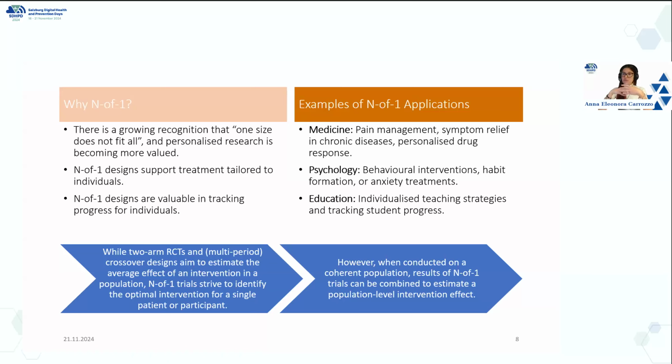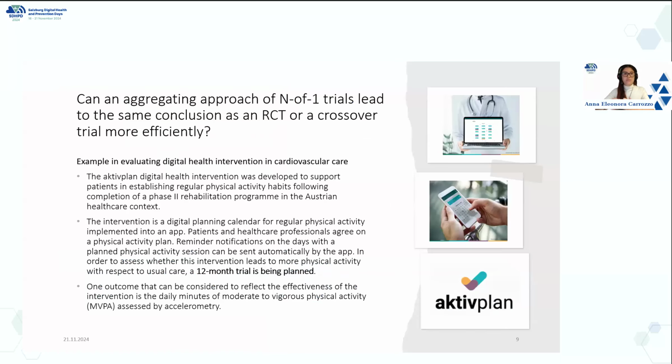Nevertheless, if different N-of-1 trials share the same protocol, results from single N-of-1 studies can be combined in order to estimate a population-level intervention effect. So now the question: can an aggregate approach of N-of-1 trials lead to the same conclusion as an RCT or a crossover trial more efficiently?